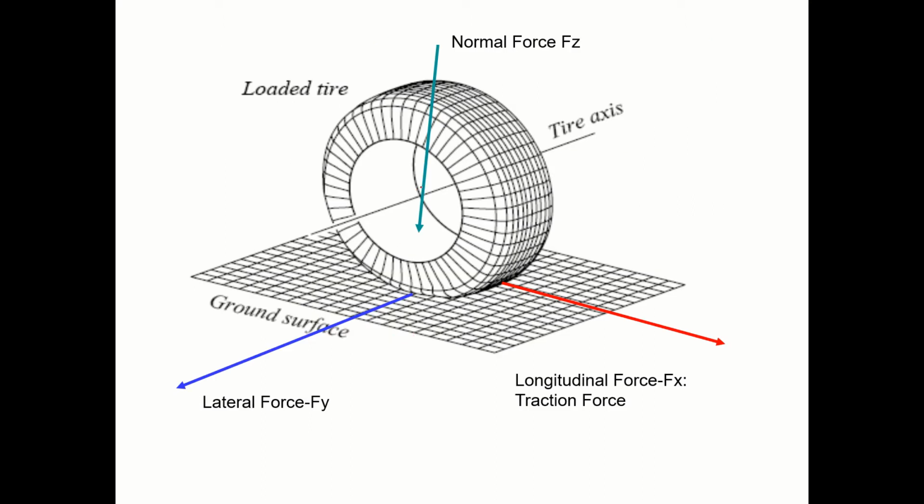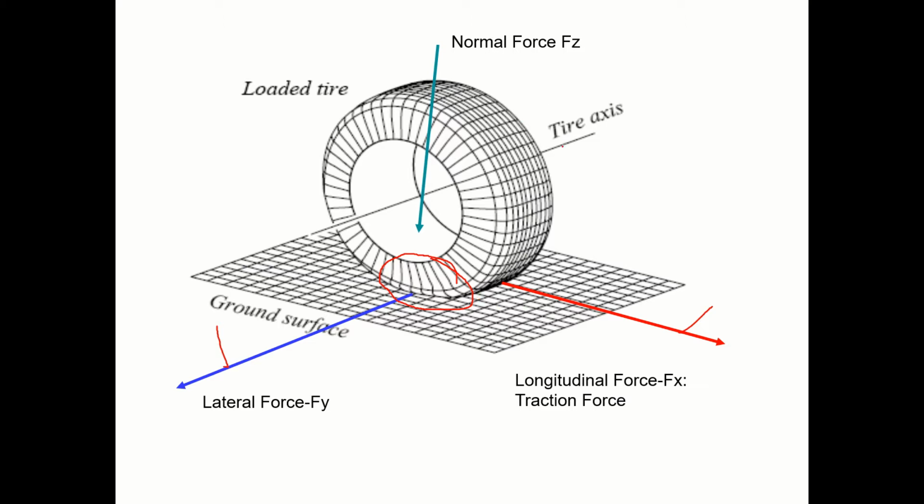So I have shown a loaded tire. It's a ground surface. This is the contact patch. This is the traction force. You know how to calculate traction force now. The lateral force, the normal force, you know how to calculate each one of them very well. So these are all the forces.